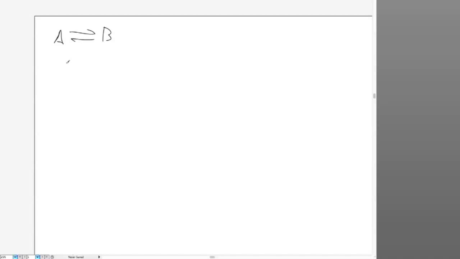Okay, so every molecule has its own free energy value. So for example, A has a G and B has a G. And to calculate the changes in free energy of a reaction, you can basically draw this reaction two ways.